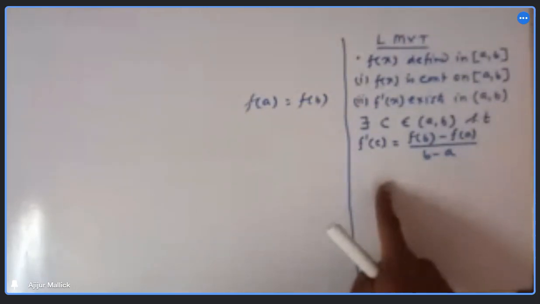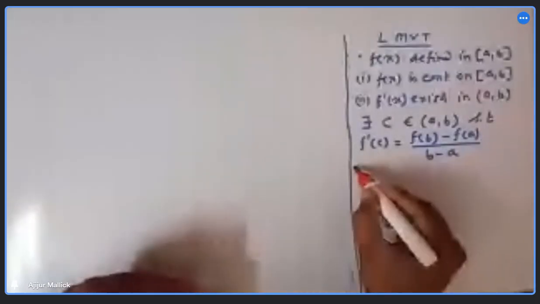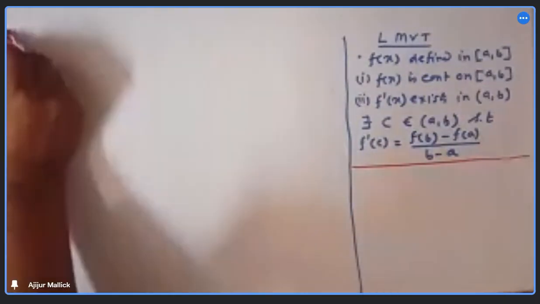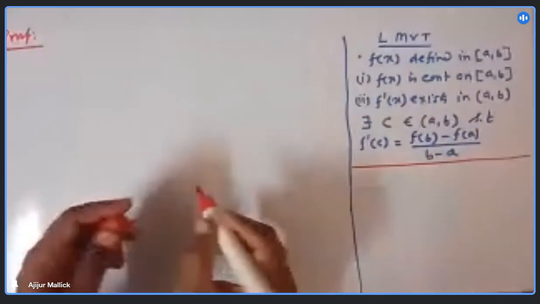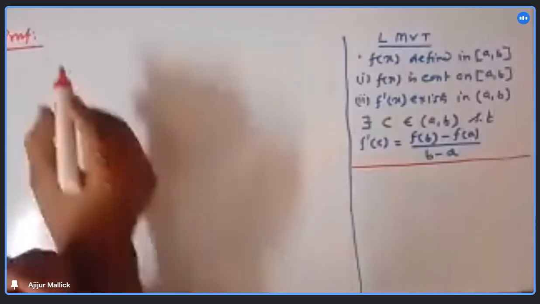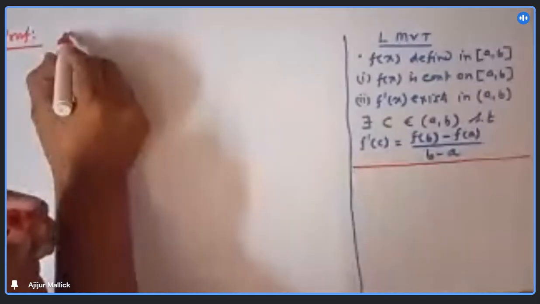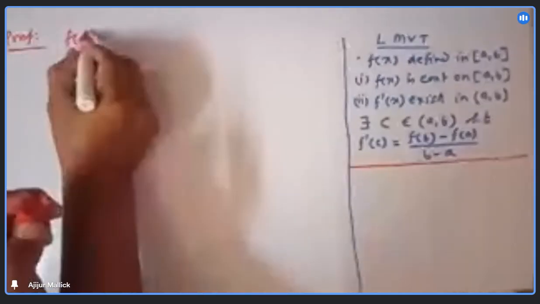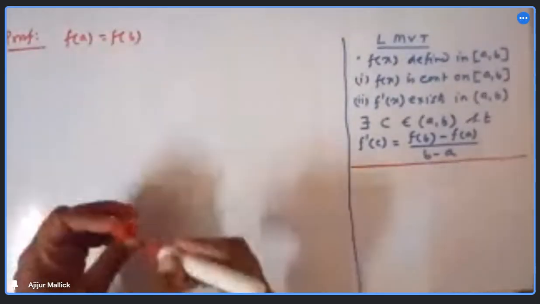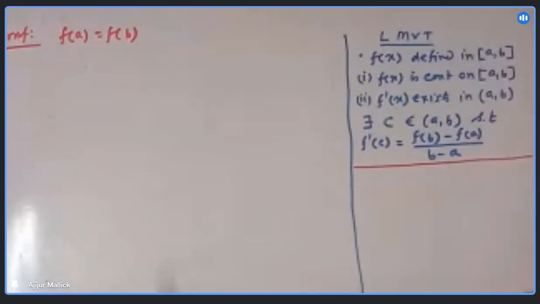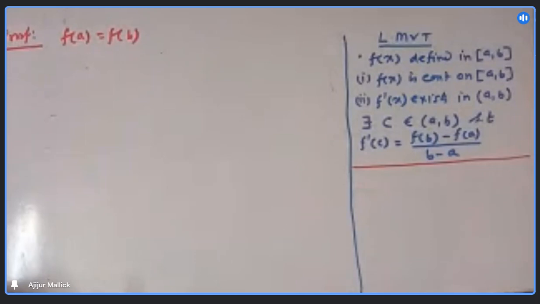Write the proof. This proof is important. The proof is this. If f of a is equal to f of b, then this theorem reduces to Rolle's theorem.